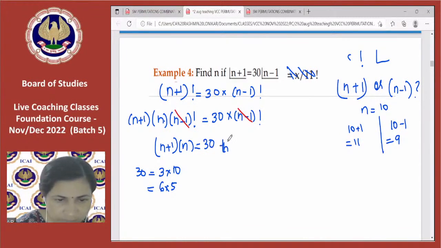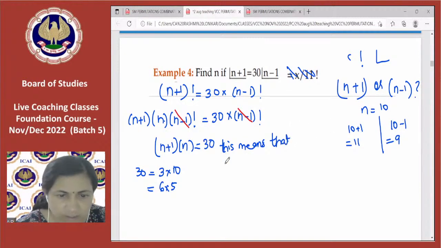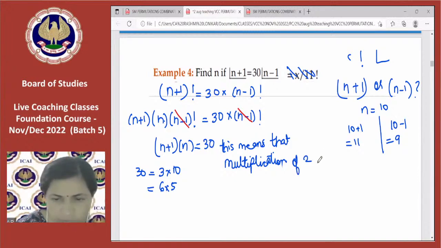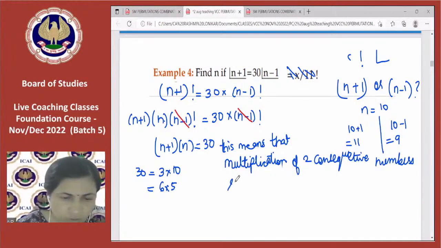This means that the multiplication of two consecutive numbers should be equal to 30.